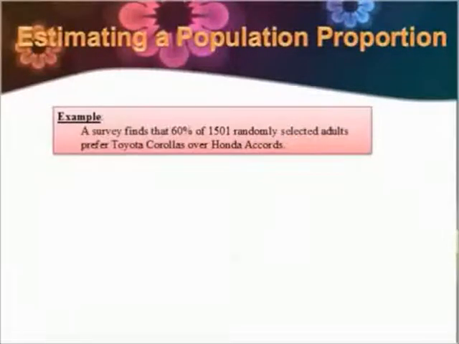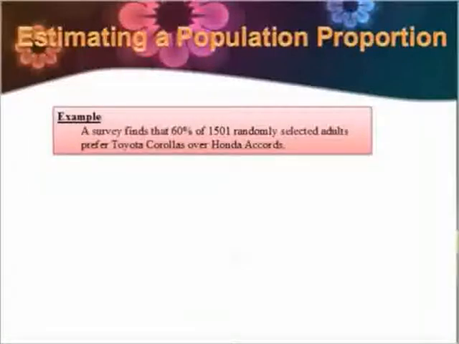Look at an example. A survey finds that 60% of 1,501 randomly selected adults prefer Toyota Corollas over Honda Accords. If I wanted to know what my sample proportion is here, in general, we would take the number of people who prefer Corollas and divide it by 1,501, or the total number of people in the sample.